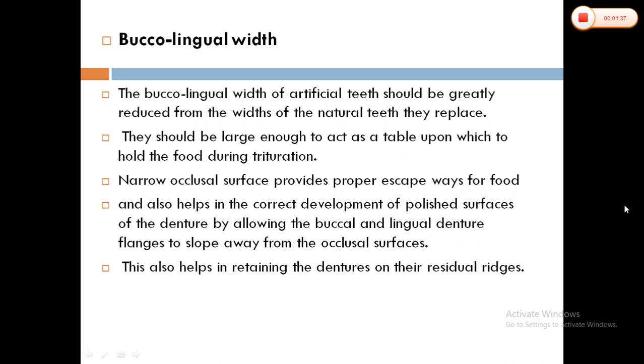Narrow occlusal surface provides proper escape ways for food and also helps in correct development of polished surfaces of the denture by allowing the buccal and lingual denture flanges to slope away from the occlusal surfaces. This also helps in retaining the denture on the residual ridge.